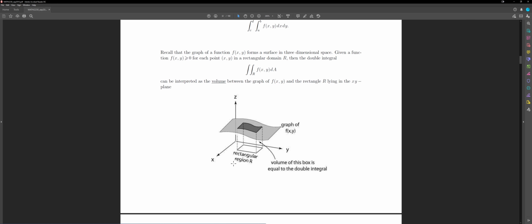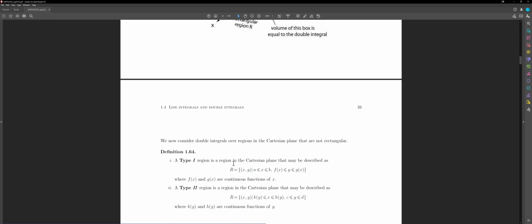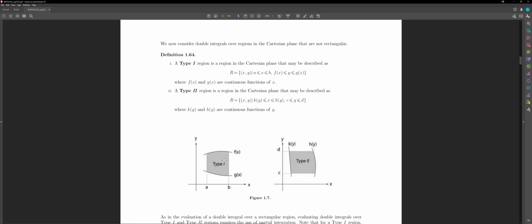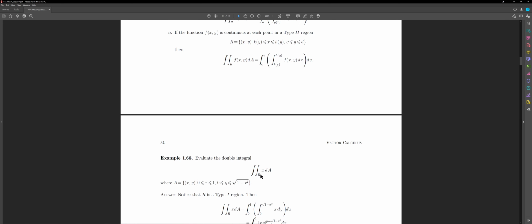Later on you're going to be integrating over regions, and this is when you project and you actually look down in your xy plane. We're going to be looking at more complicated regions than rectangular regions, which we'll call type 1 and type 2.